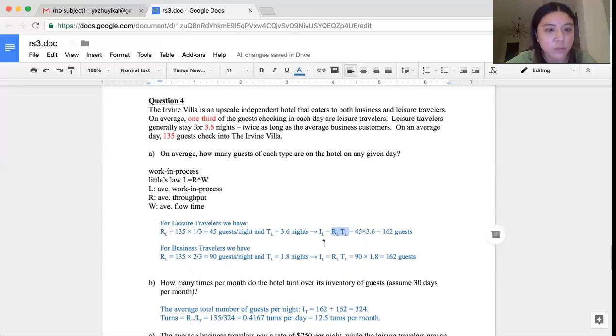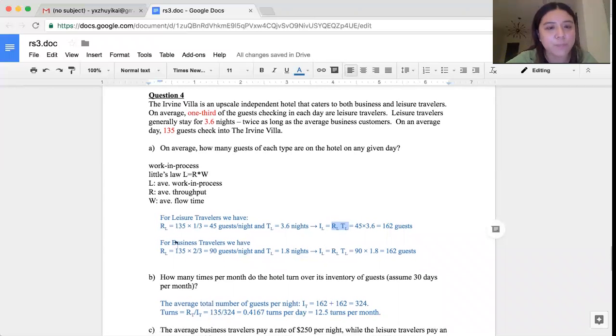So for business travelers, we have 135 times the rest, which is 2/3, which gives us 90 guests per night. This is the throughput, RB.